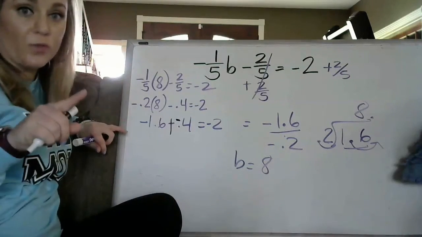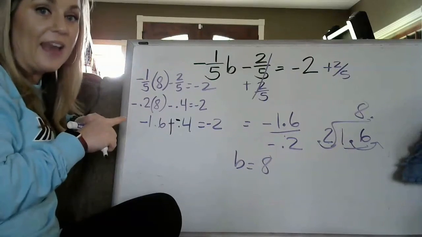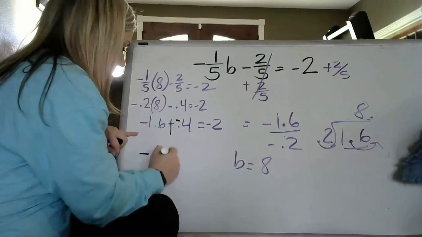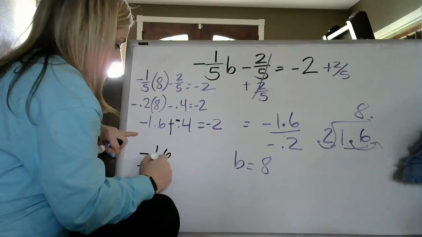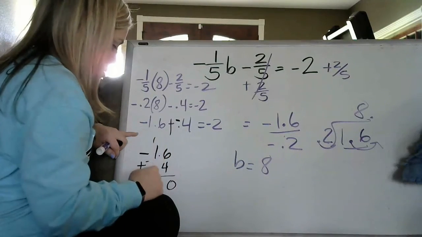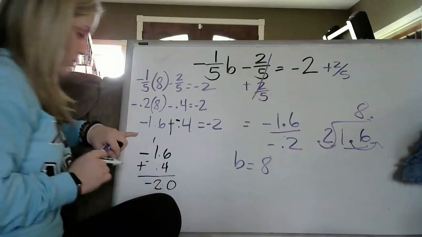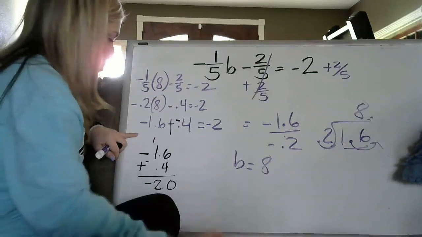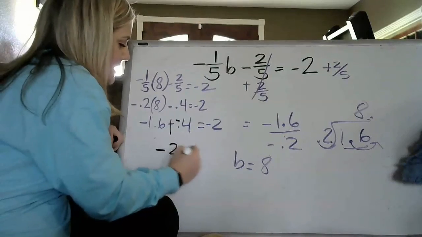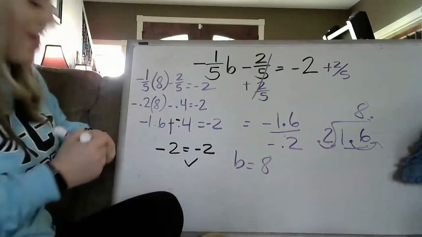So the rules for addition is keep the sign and add. So we're going to keep the sign. So we have negative 1.6 plus negative 0.4, which makes it negative 2. Okay? What? This worked out. Negative 2 is equal to negative 2. That worked out. That was crazy.